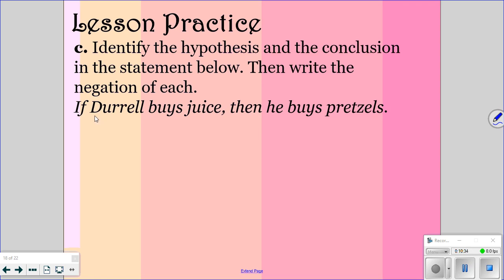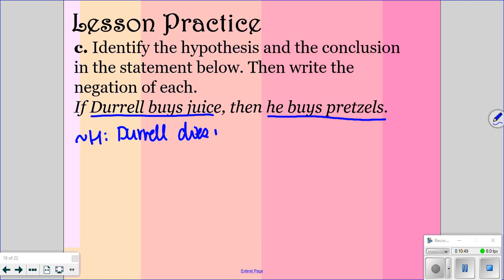So the hypothesis is Darrell buys ice cream. The conclusion, he buys pretzels. The negation of the hypothesis: Darrell does not buy ice cream.